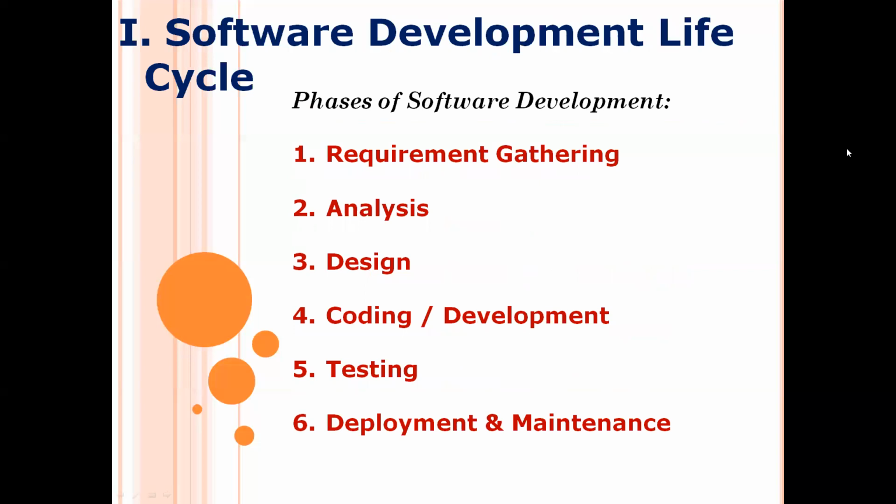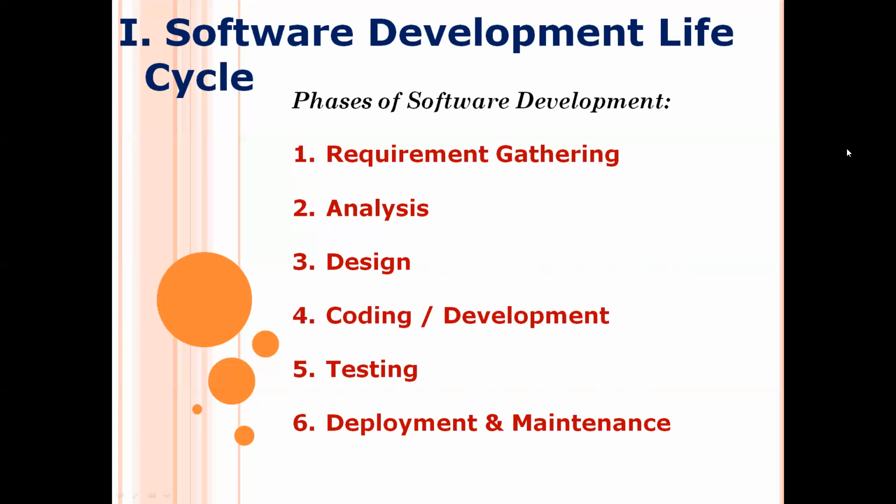First chapter, software development life cycle. We have 6 phases of software development life cycle. These phases may vary from one organization to another, but the purpose is almost the same. What is the purpose? Develop and maintain quality software. What are the phases?